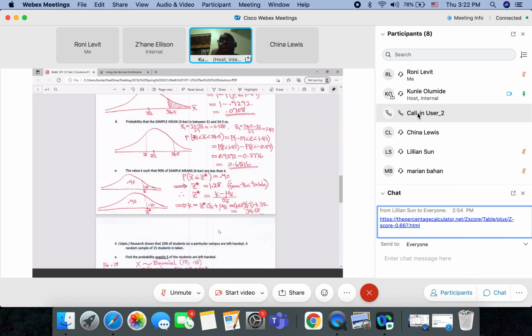Using the formula, Z star times sigma x bar plus mu of x bar, and because it's the 90th percentile, Z star will be 1.28. And the answer to that should be 34.18.